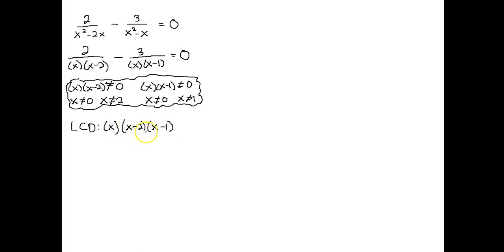So all the different factors from the denominator make up the LCD. On the right side, we just have zero, so don't worry about it over there. All right, so let's take that LCD and multiply the entire equation by it.